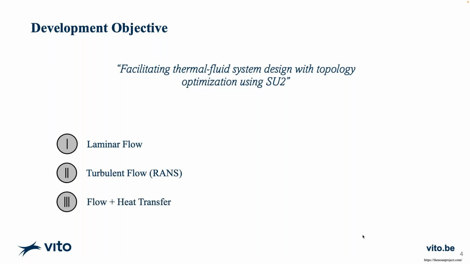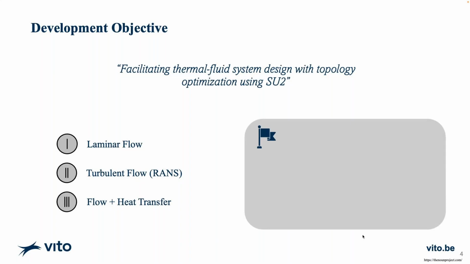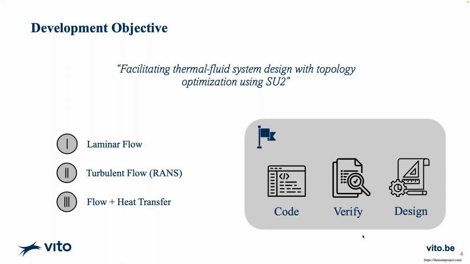For each of these development phases, we have three milestones to achieve: code, which equations need to be modified; verify; and then actually put it in an optimization framework to see if it produces a design which is usable. So let's start with the code.